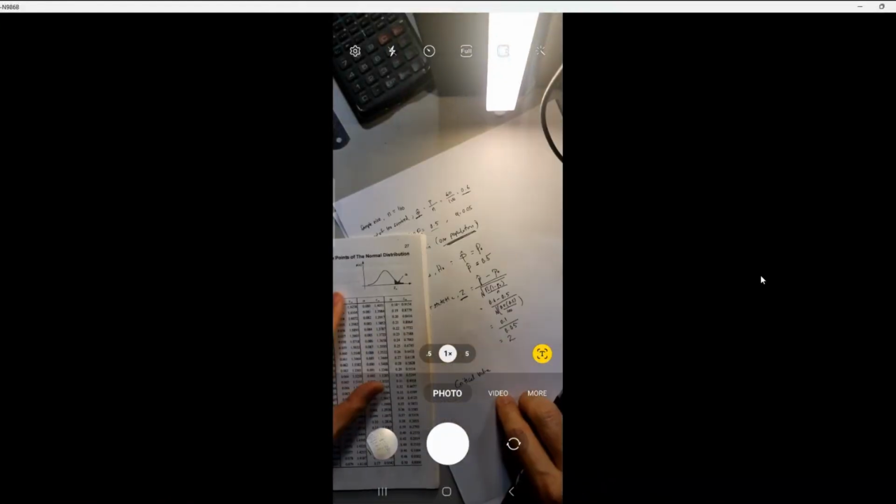Now, we want to find the critical value. I need to refer to the table. The critical value is given by Z alpha if it is a single tail, and Z alpha divided by 2 if double tail.